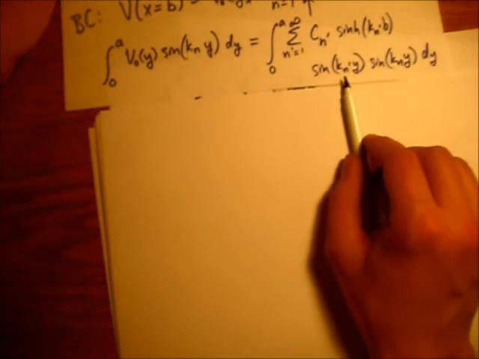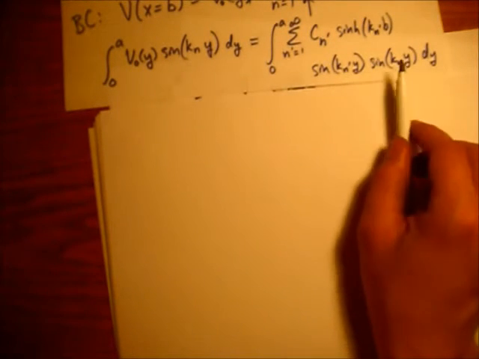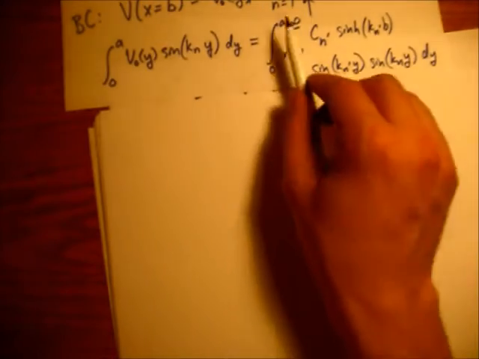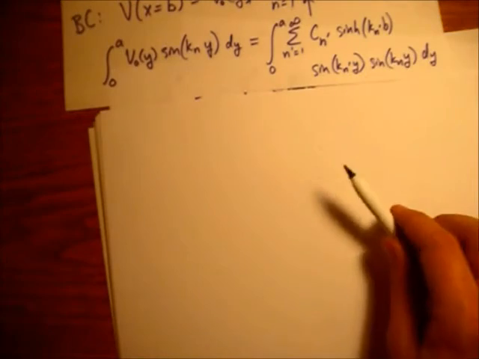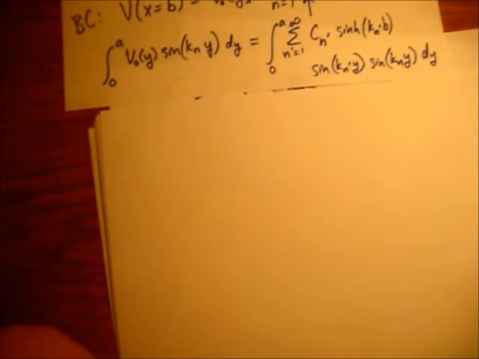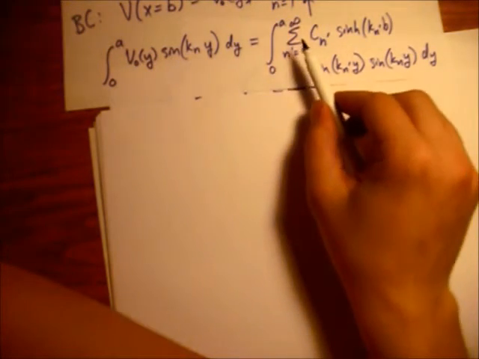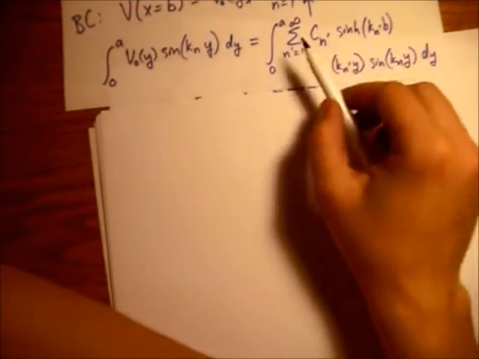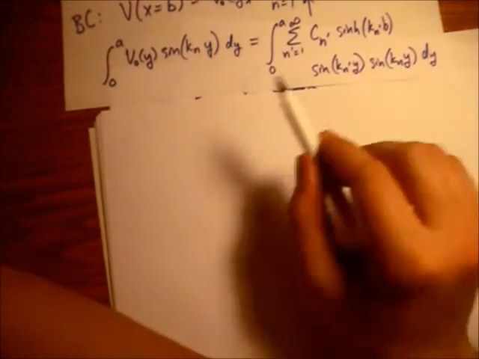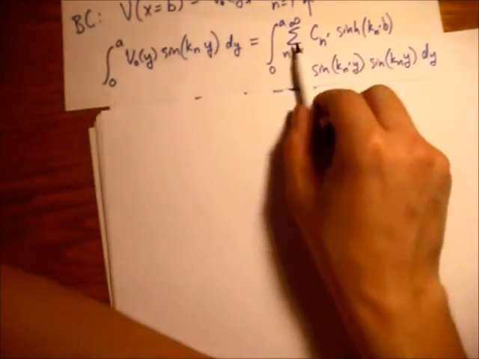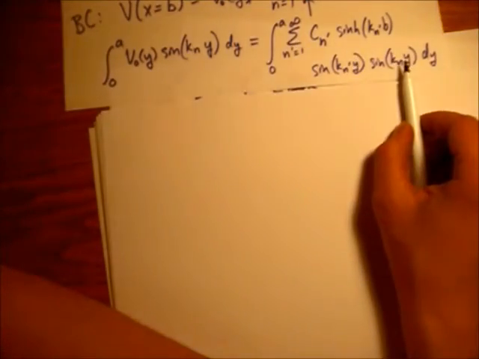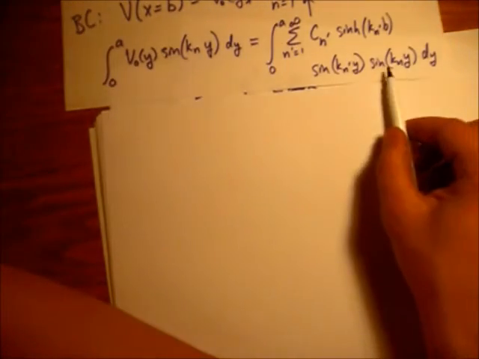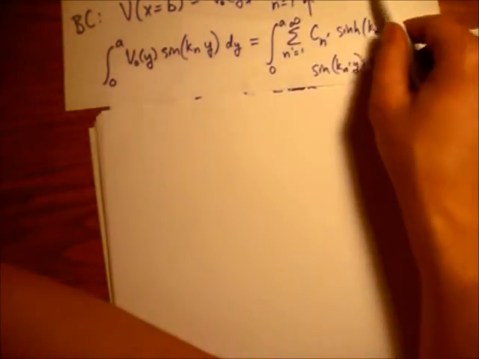So n prime has to be equal to n if we don't want this integral to go to 0. Just like Griffiths says, it picks out the one value out of this infinite sum where n prime is equal to n. That way we can get rid of this infinite sum, and all the n primes can go away, and we'll just be left with these n's.